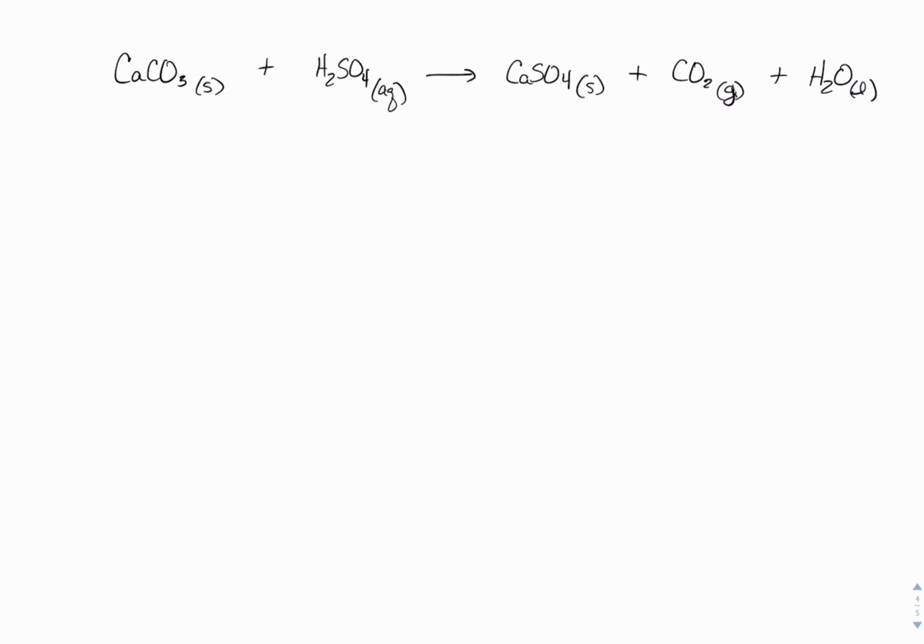I think this one's going to be a little bit more difficult, in the sense that you have to really follow the rules here. So our chemical equation is calcium carbonate. It reacts with sulfuric acid to produce calcium sulfate, carbon dioxide, and water.